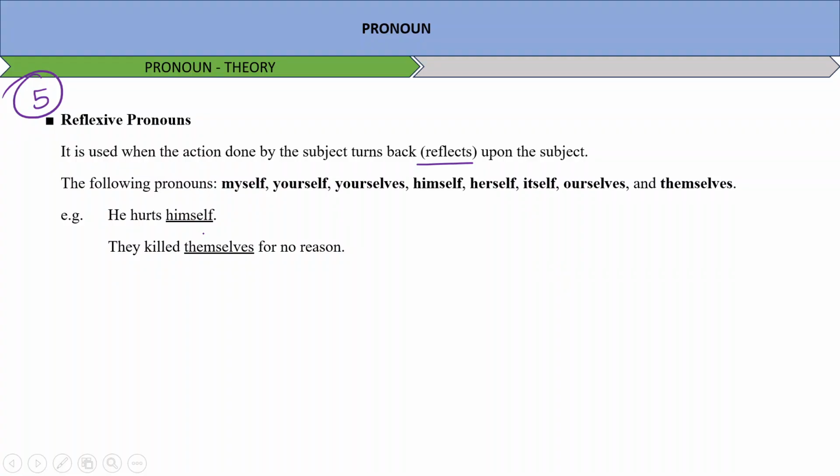One very small yet important piece of information I would like to give you is that when you use self, make sure that your subject is singular. For plural subjects you will always use selves.